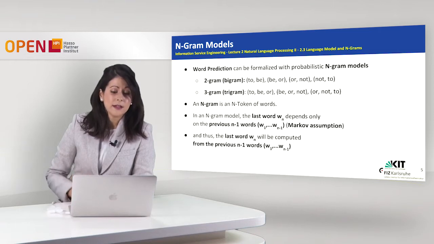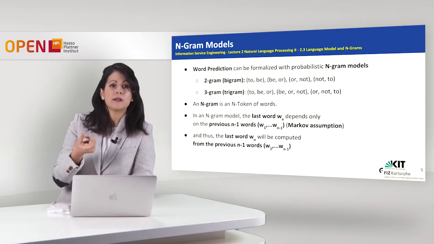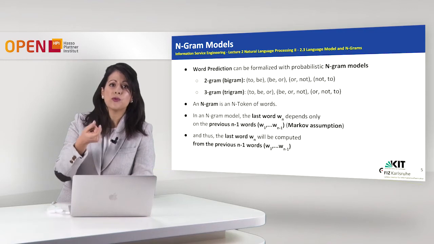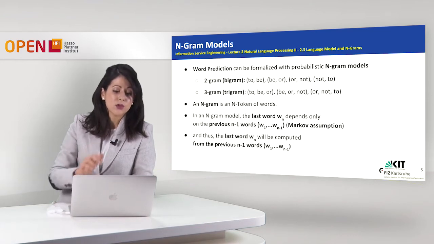And this n here is always a natural number. So it can be 2, so we can have a 2-gram or bigram, which is a 2-token element from a sequence of words, where those 2 words follow one the other. So from the sentence that we have, to be or not to, the bigrams that we get are those sets that you see here.